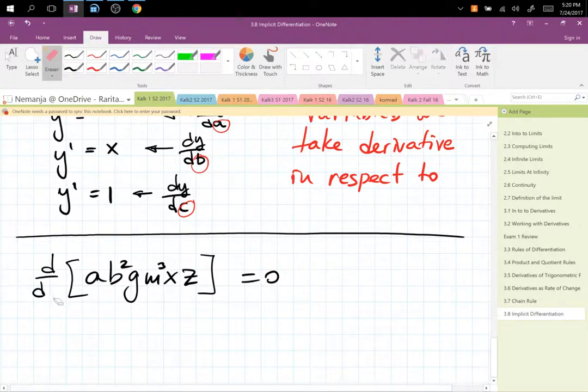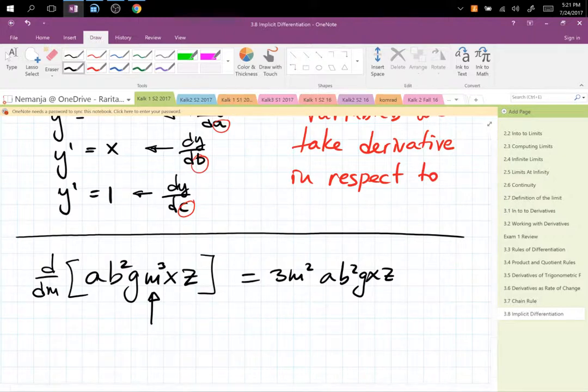But if I go and I say dW dm, that means m is the variable, and that one becomes 3m squared, and you copy the rest because the rest are all constants. Do we see that? So this is extremely important. Extremely important.